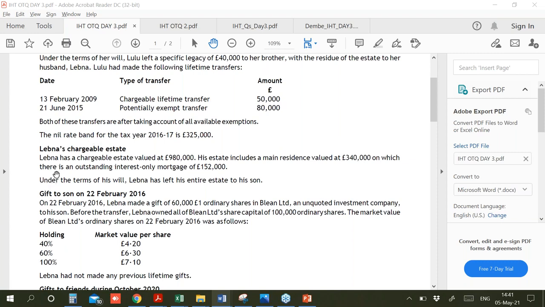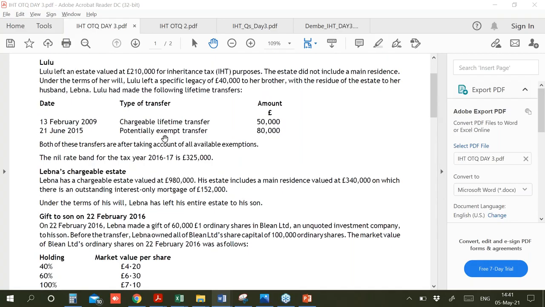I have therefore read about what RNRB or NRB can be available to Lebna or Lulu. So let's calculate what is the NRB that Lulu has used in her death estate and what is left. Whatever is left, we'll then add it into Lebna's estate and we'll be able to calculate how much NRB Lebna has.